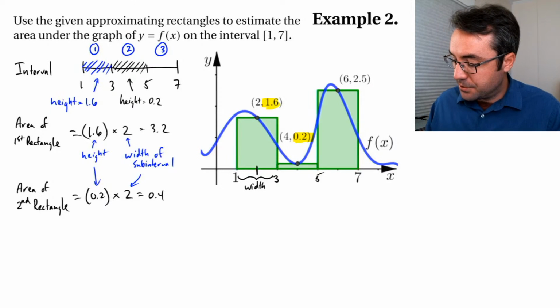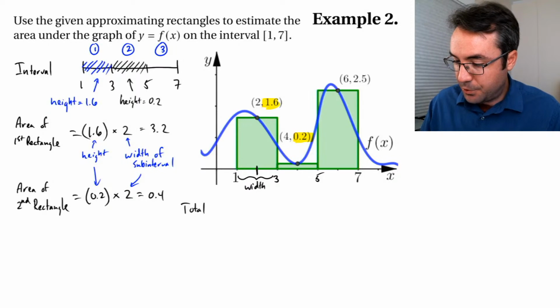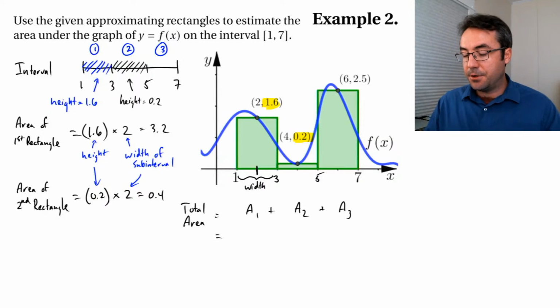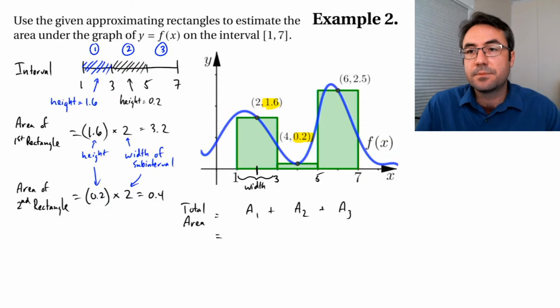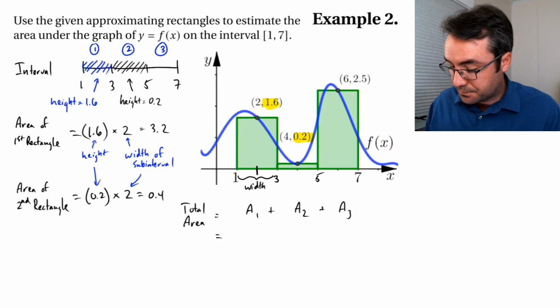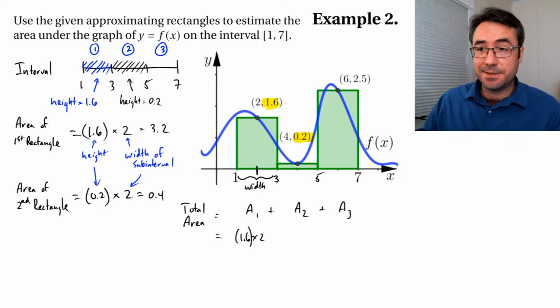And then to get the total area, it's really the area of the first rectangle plus the area of the second rectangle plus the area of the third rectangle. The area for that first one was 1.6 times 2. Again, the 1.6 is the height.